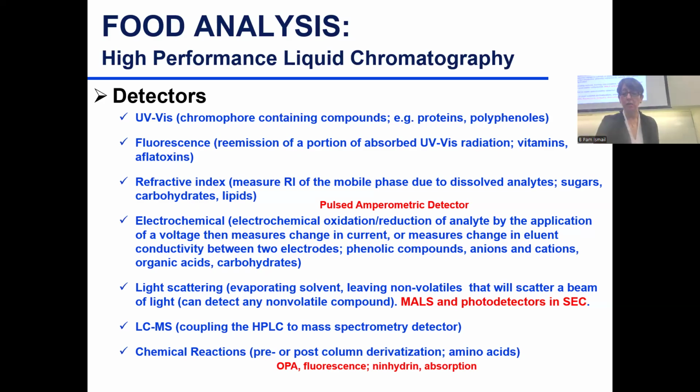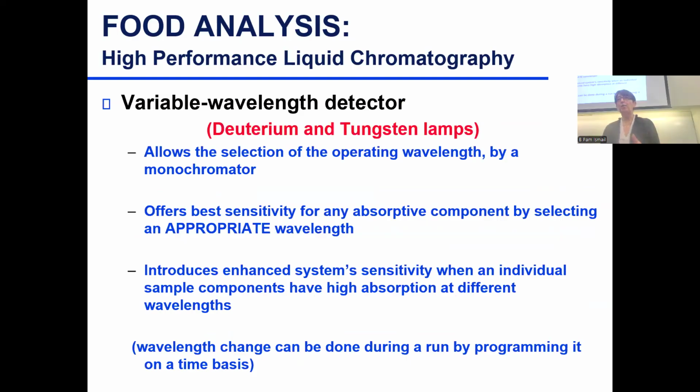And this is called variable wavelength detector. Well, I did say constant, but what they mean by variable wavelength detector is you can select the wavelength and set it. So it's not only at one wavelength.